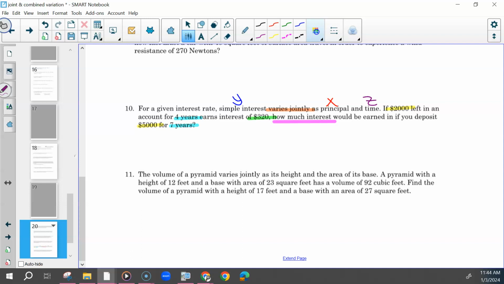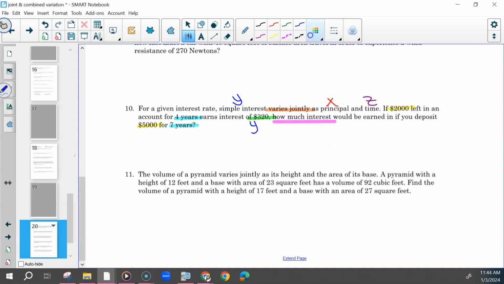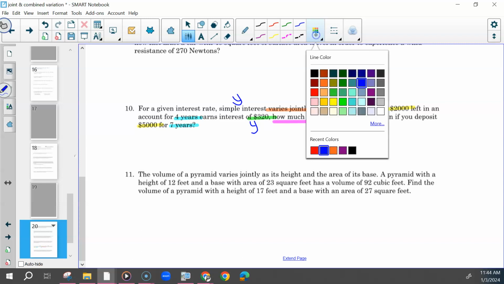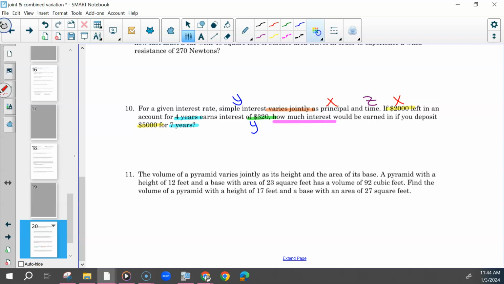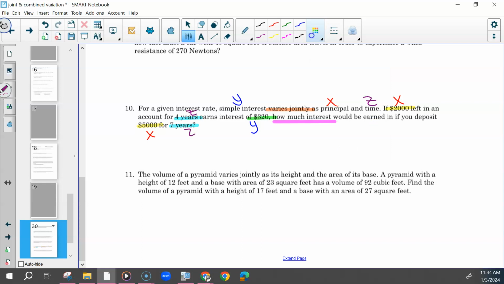So every time you see something about interest, that's going to be your y. Every time you see something about principal, that's amounts of money. So the 2,000 and 5,000, those are principal amounts. And then time would be your number of years. What variable are we looking for at the end?